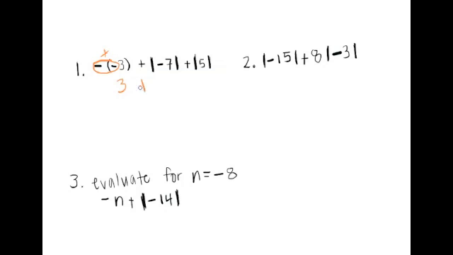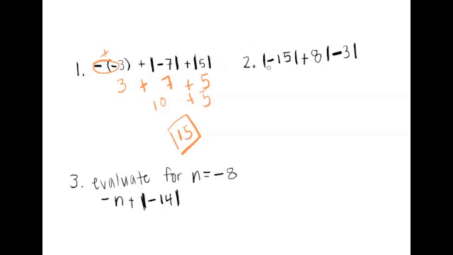Plus, what do I know the absolute value of negative 7 is? Even though it's a negative number, it's still going to yield a positive number. Plus the absolute value of 5 is 5. So I have 3 plus 7 is 10, plus 5. 10 plus 5 is 15. And we're done there.